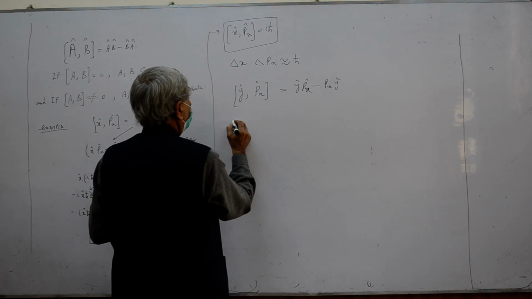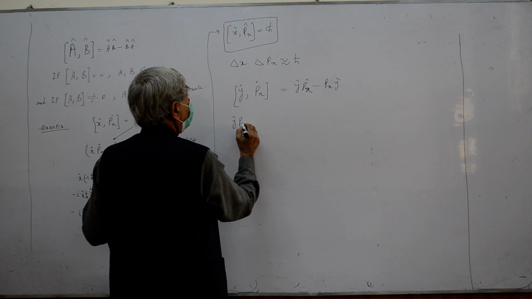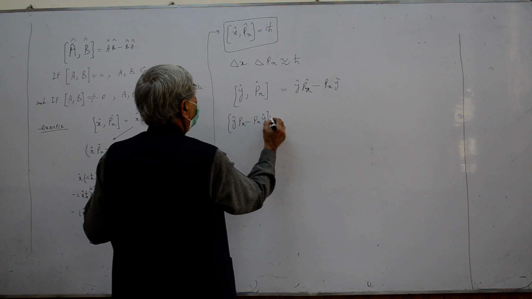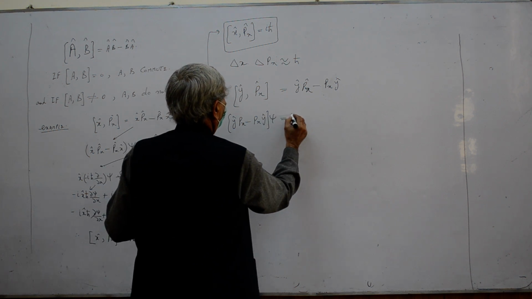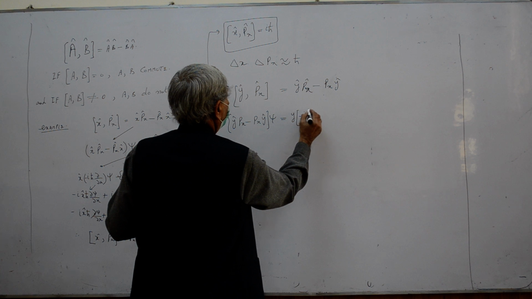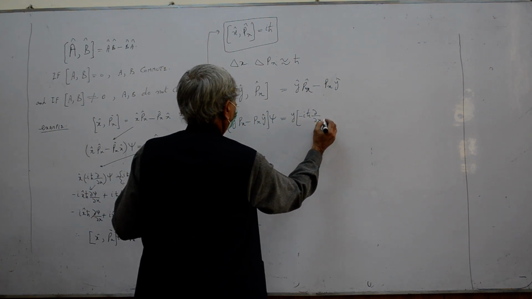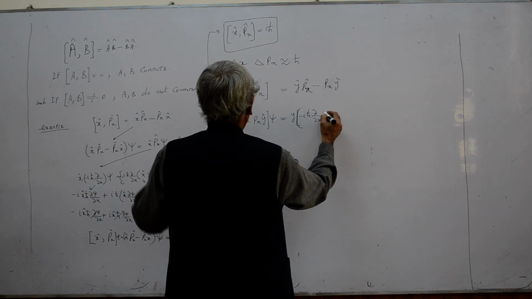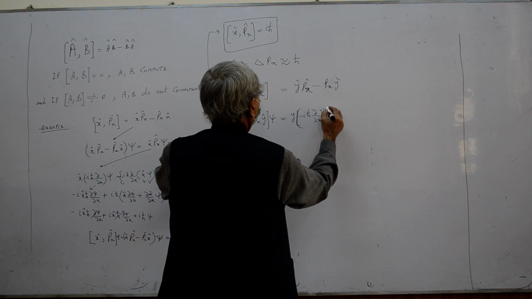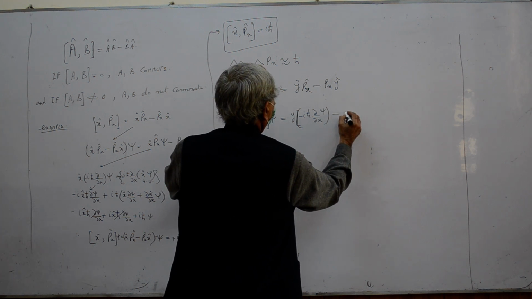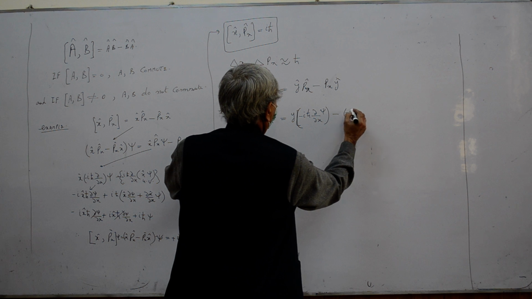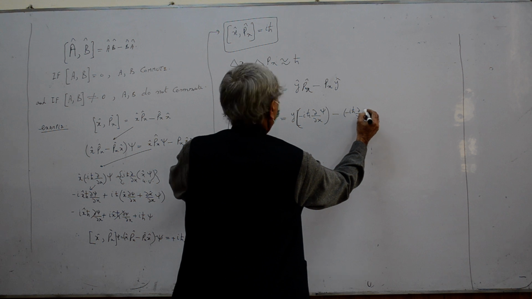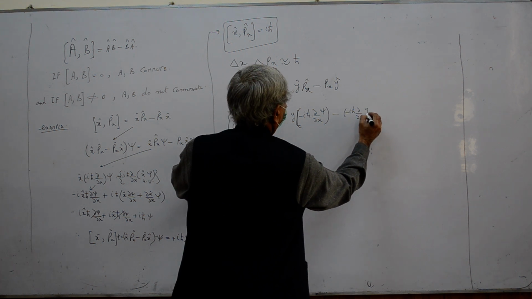And let's operate as before, y px minus px y on psi. This will give you y times minus i h bar delta over delta x psi, minus, and minus i h bar delta over delta x of y psi.